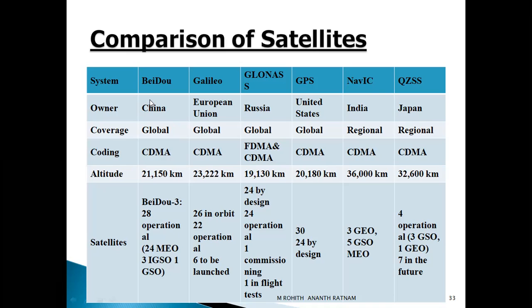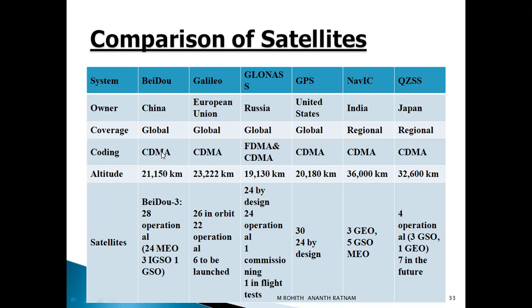So the coverage: of course, China, Europe, Russia, and the USA, all these four are trying to cover the total globe, whereas India and Japan are trying to cover only regional, only up to their country area navigation.